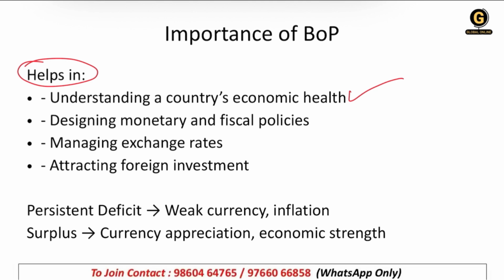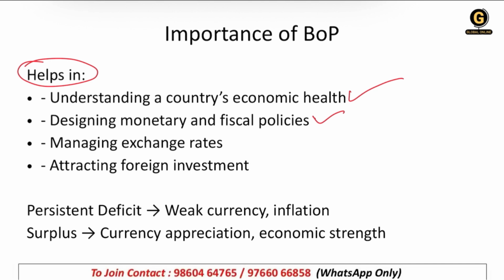Understanding? Then, designing monetary and fiscal policies. If you need any monetary help, anything which will increase your reserves, it will help you to increase your reserves. That will be measured only after calculating the BOP, because whether you need it or not depends on how much you have. So first, you need to calculate how much you have and how much you don't have.